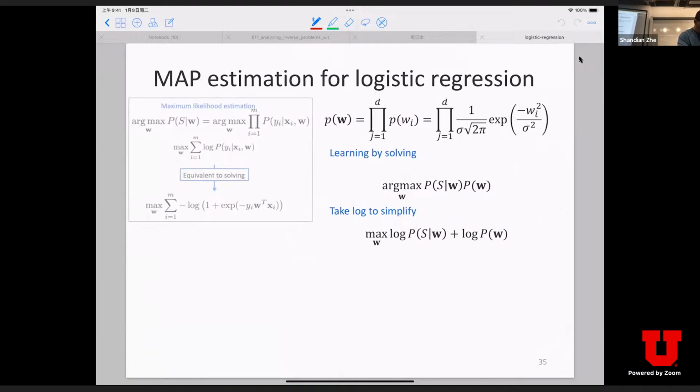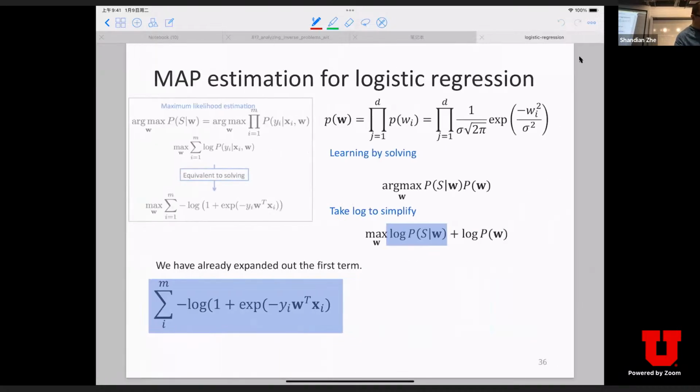First, again, we take a logarithm to simplify the term. We take a logarithm over this product. Now the problem becomes maximizing the logarithm of the likelihood plus the logarithm of the prior. The logarithm of the likelihood, as we have derived, is just the summation of the negative logistic loss over every training example.